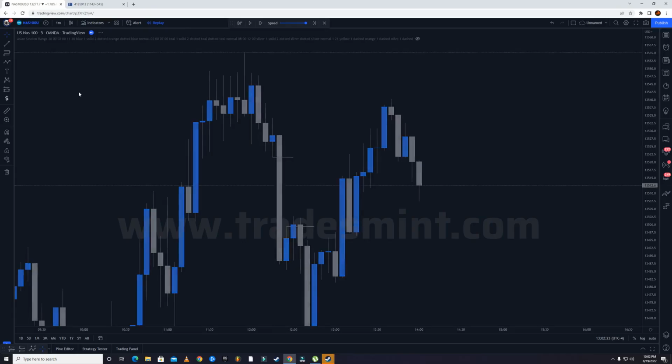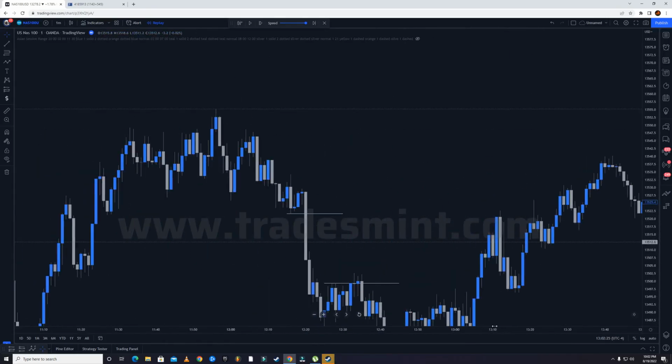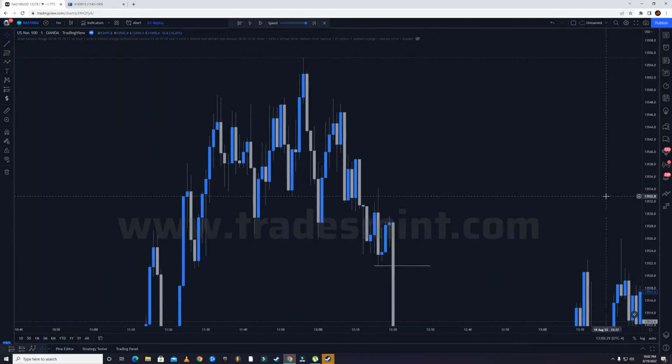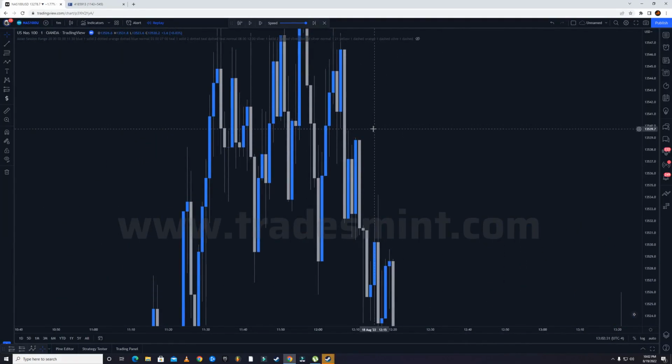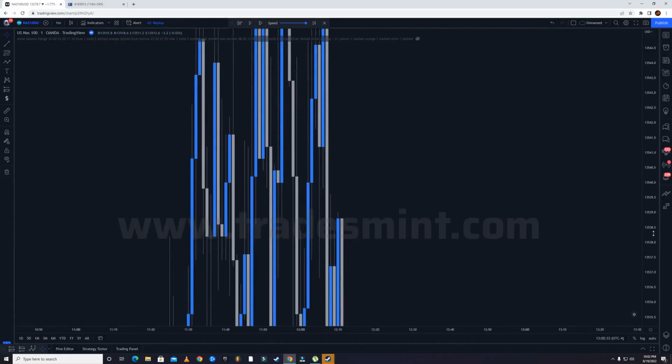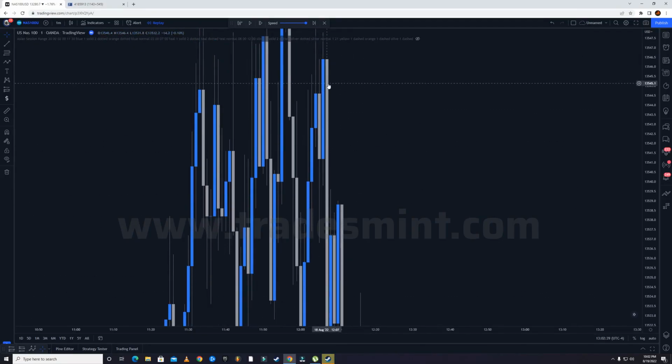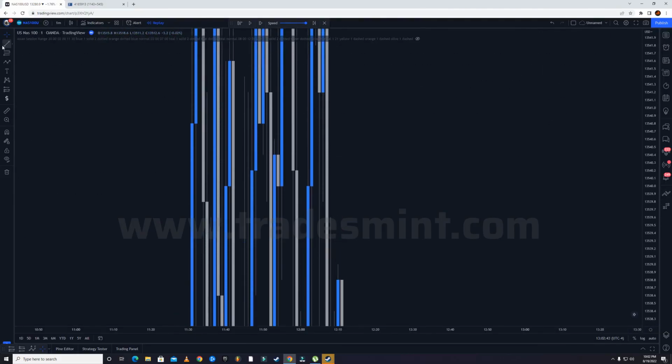So let's go to the 1-minute time frame, and as you can see, if we zoom in, you can see there's a gap, all right, from here to here. So 1, 2, 3 candles, very nice. And then you can see we got this gap, and price must fill this level.